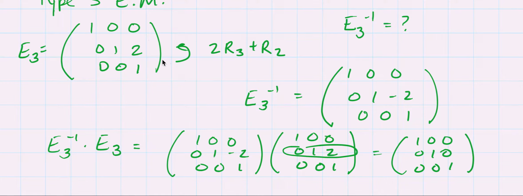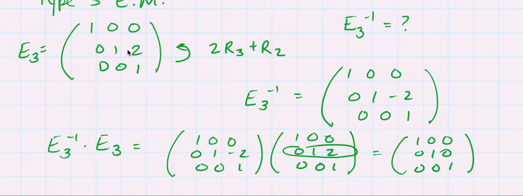Now here I just gave you an example, but we could instead multiply this row by like -5 and add it to the first row. That's an elementary matrix, a type 3 one. And so for the inverse, you would put a 5 times that bottom row to the top row.